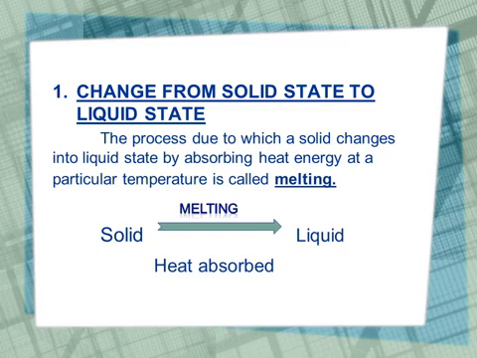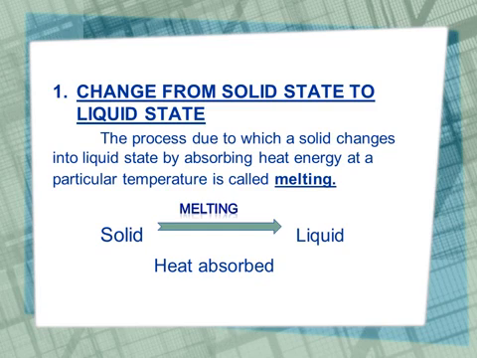Now let's see the definition. The process due to which a solid changes into liquid state by absorbing heat energy at a particular temperature is called melting. What happens here is the molecules of solid, when they absorb the heat energy, start vibrating at a greater amplitude.